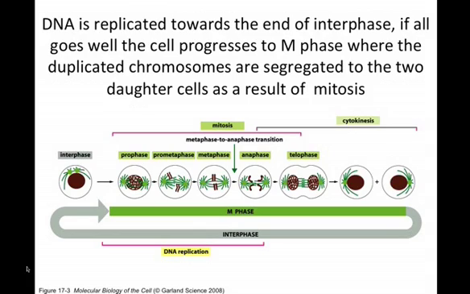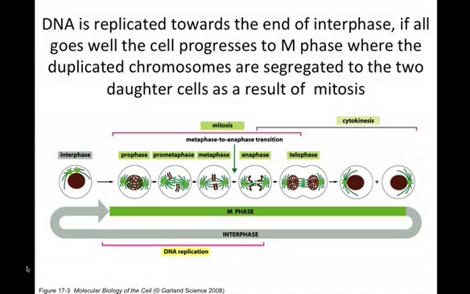And I'm just going to take this moment to clarify. You guys might already know this, but interphase is not a part of mitosis. It's the part of the cell cycle that is not mitosis. Okay, so there's always someone who thinks it's like the first part of mitosis. It's not. There's always someone who thinks that it's a separate part of the cell cycle from S phase.